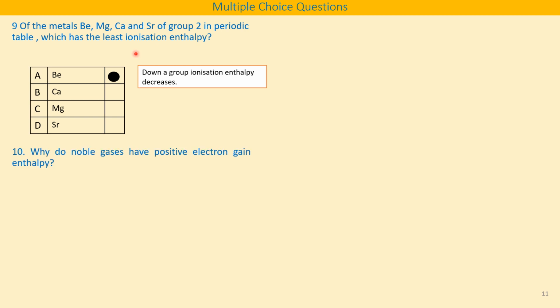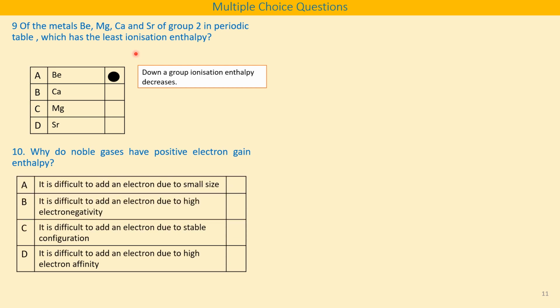Next question. Why do noble gases have positive electron gain enthalpy? Options are given. A. It is difficult to add an electron due to small size. Option B. It is difficult to add an electron due to high electronegativity.